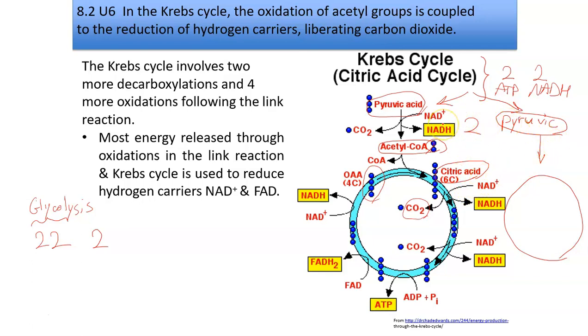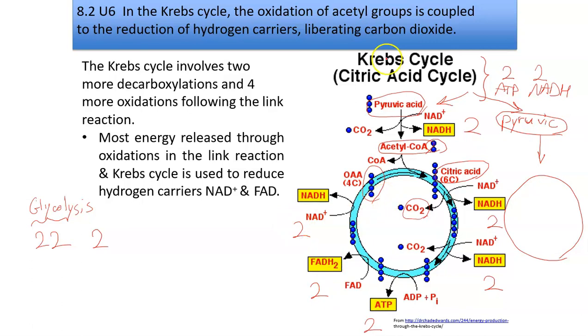So the total number of NADH at this step will be 2. The total number of NADH here will again be 2, and here 2, and this ATP would be 2, double, and this FADH2, and this NADH again 2.